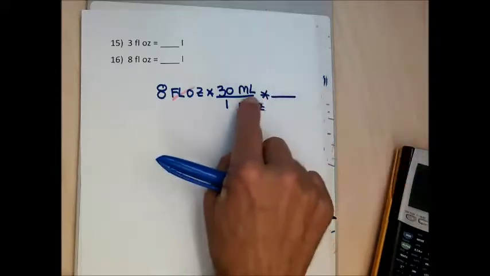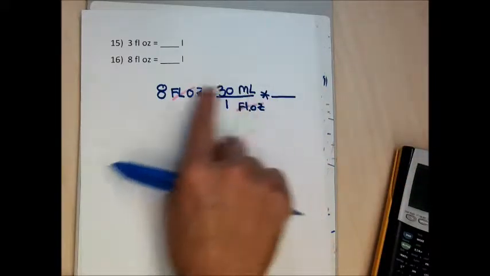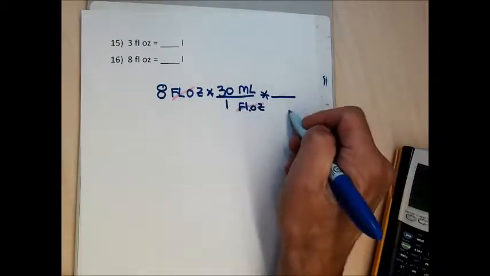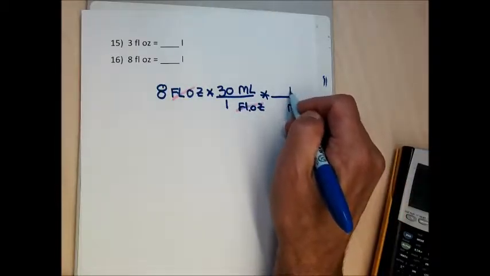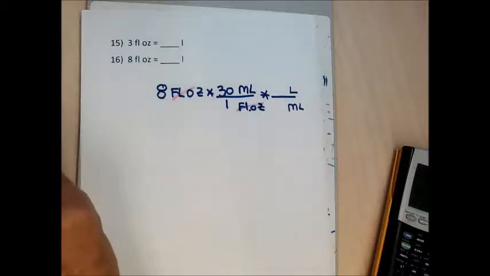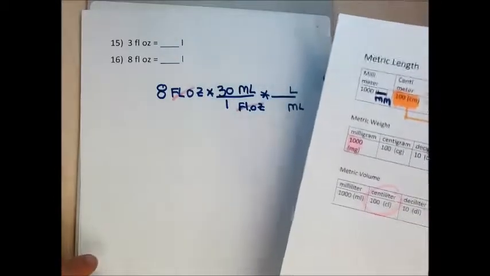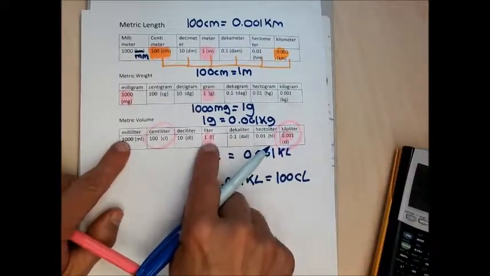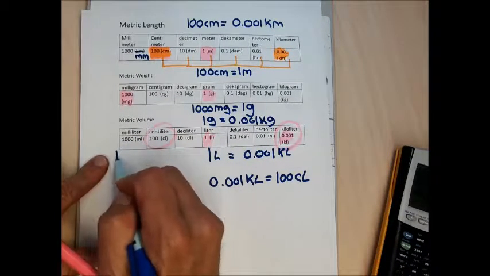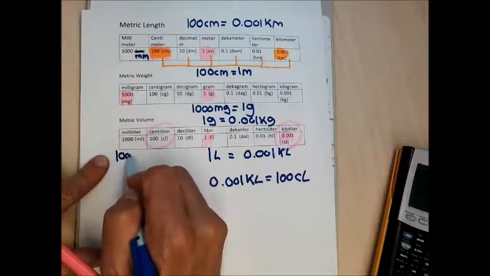So the next thing I'm going to do is, now that I'm into milliliters, I'm going to get rid of the milliliters and get myself into liters by using my metric system. So I need to convert from milliliters to liters, and this table right here says that 1,000 milliliters, that's the number under the milliliters, is equal to 1 liter.